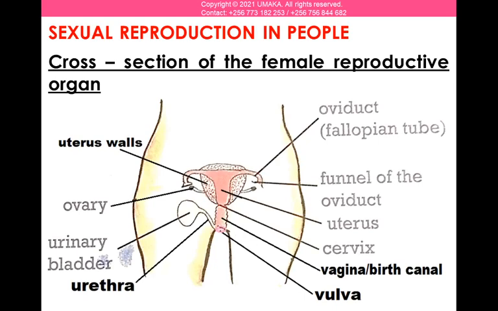or female reproductive system, and it is a cross section which shows us the internal parts of this organ. And I know this organ, you have it in your books. You drew it under cattle. I explained it very well.